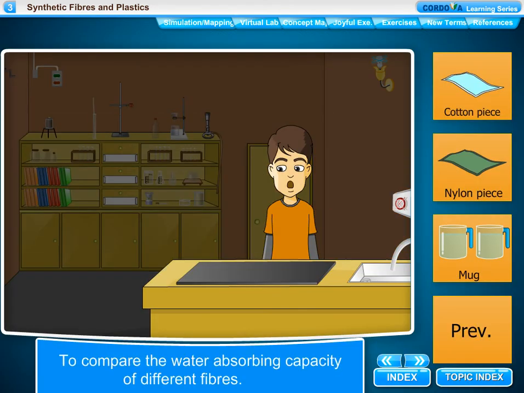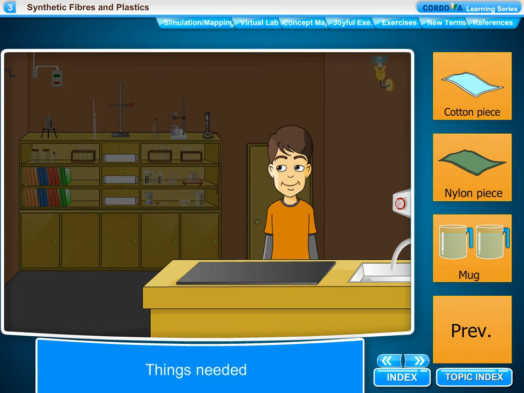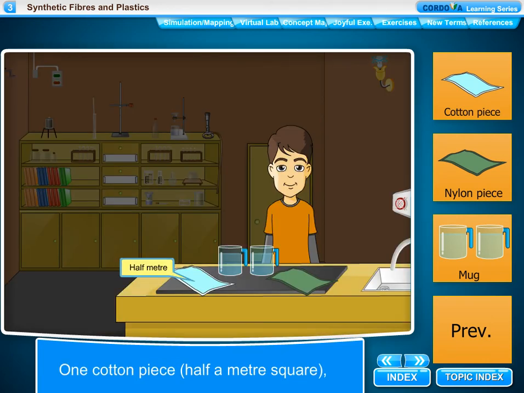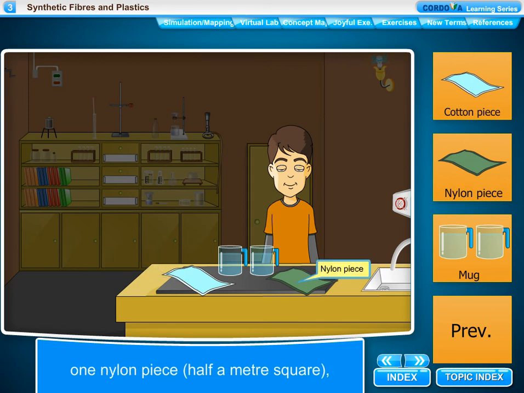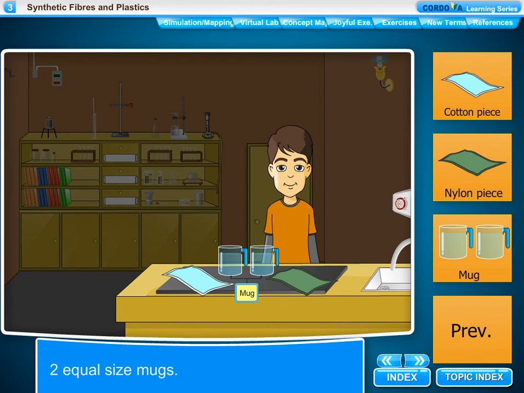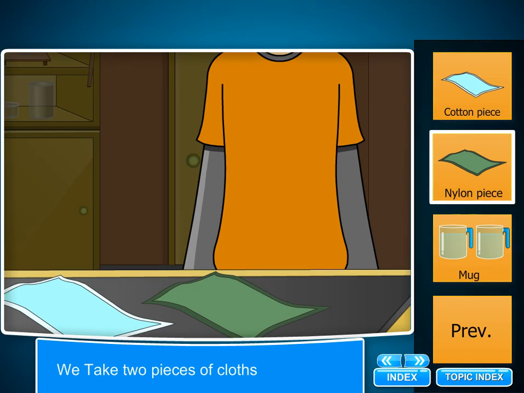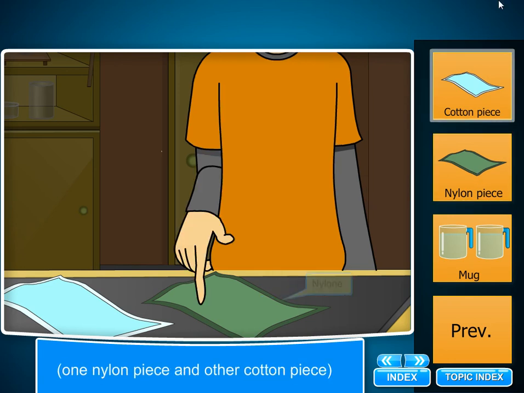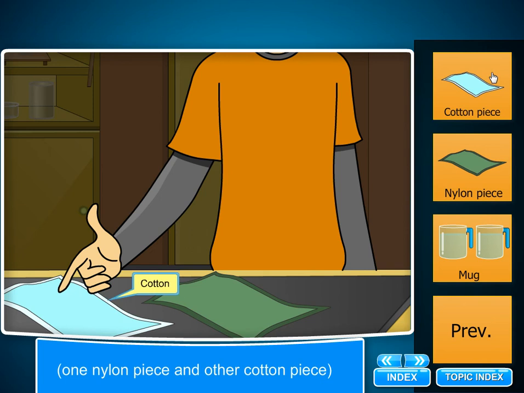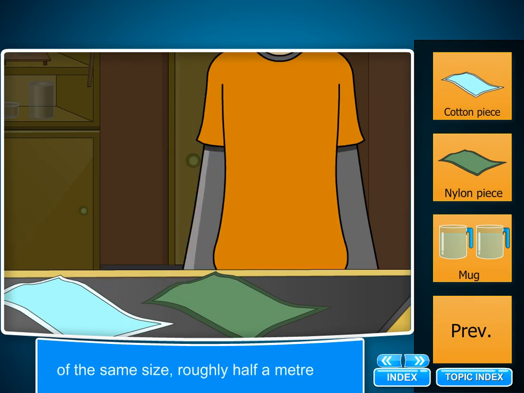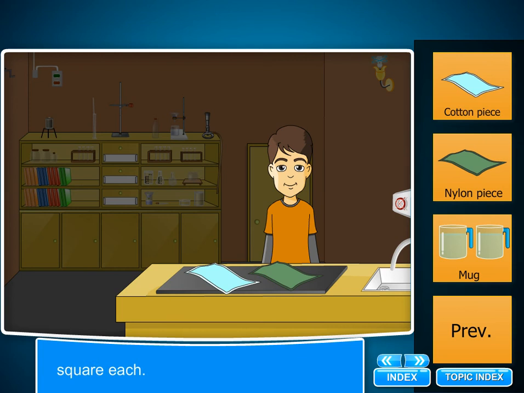Activity 2. To compare the water-absorbing capacity of different fibers. Things needed: one cotton piece, half a meter square, one nylon piece, half a meter square, two equal size mugs. Method: we take two pieces of cloth, one nylon piece and the other cotton piece of the same size, roughly half a meter square each.